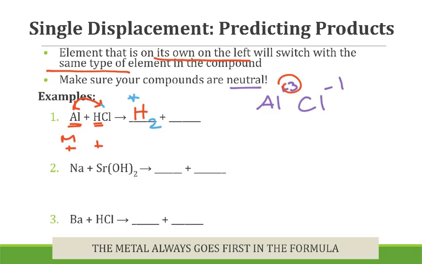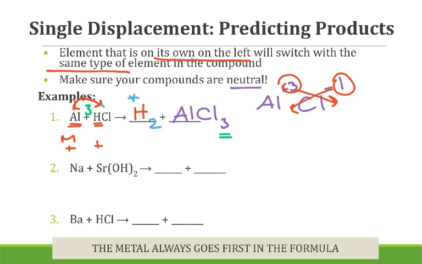So when we do our drop and switch, we're going to have AlCl3 as that other product. All right, and going ahead and balancing, I have 1 aluminum on each side, 3 chlorines though on the right, so I would need a 3 here.